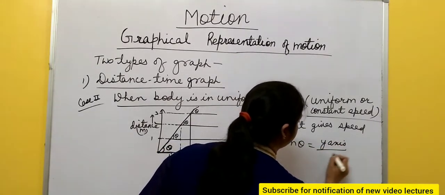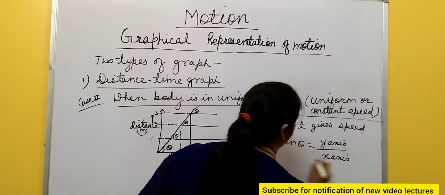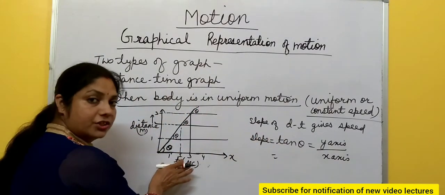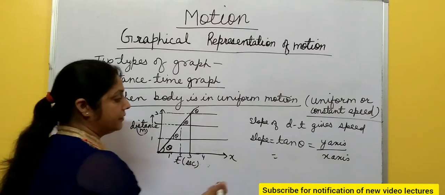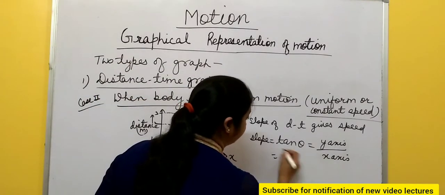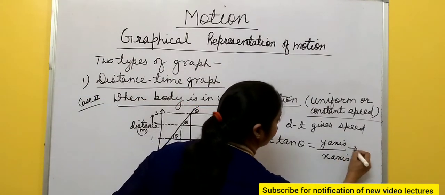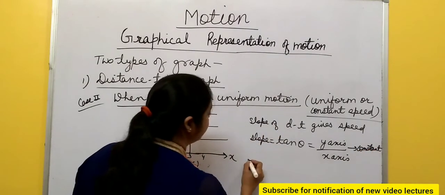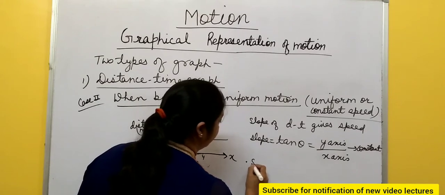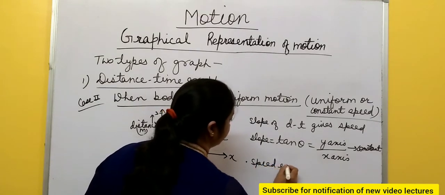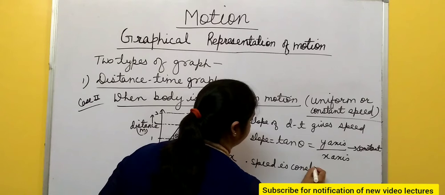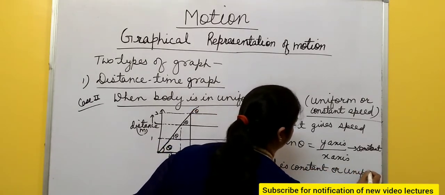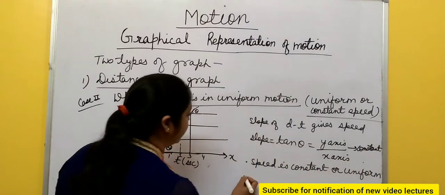The y-axis is change in distance, the x-axis is change in time, and it gives speed. So if this slope is constant at every time, it means speed is constant, or you can say uniform, right? And also you can write one more thing.